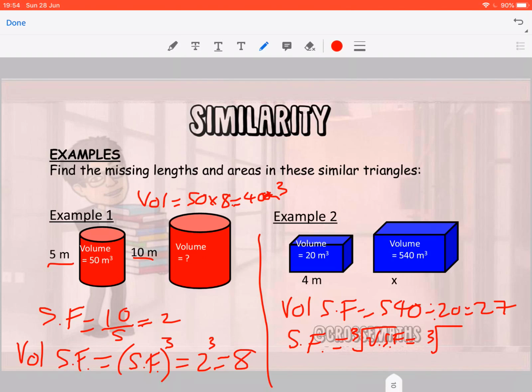So cube root 27, 3 times 3 times 3 is 27, so my normal scale factor is 3. If I want to find out what x is on the bottom, I've got to take that 4 and times it by my scale factor of 3. So the x on the right hand side is just 12 meters.